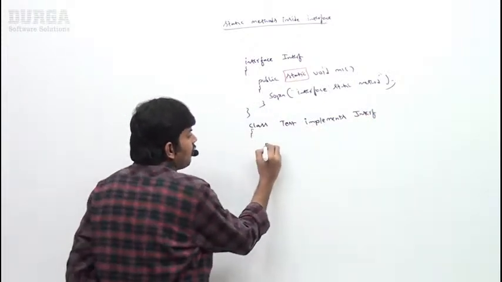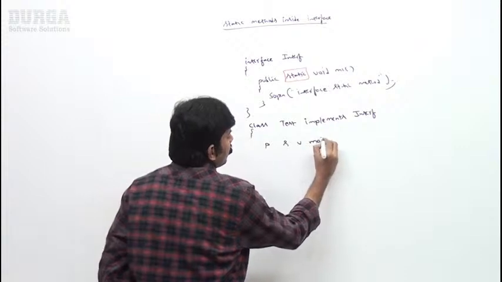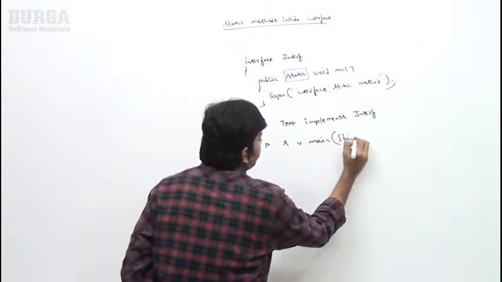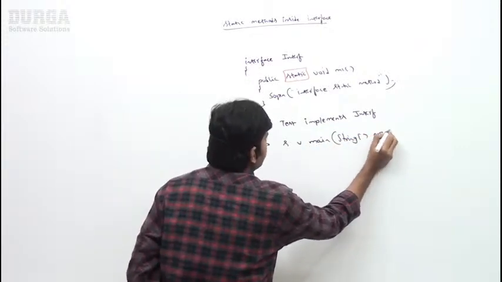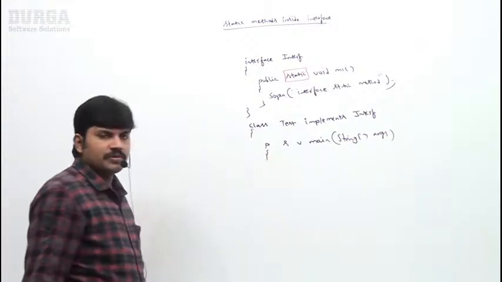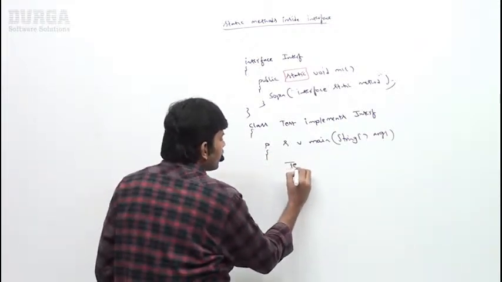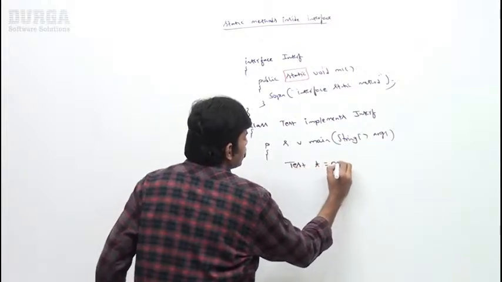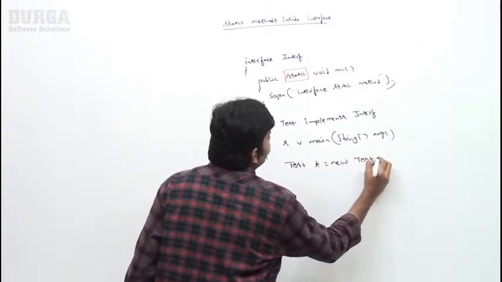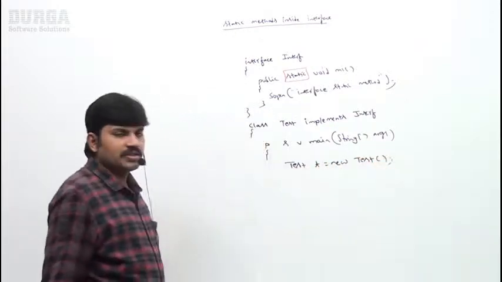Now public static void main(String[] args). Now what I want to do: let me create Test t = new Test().